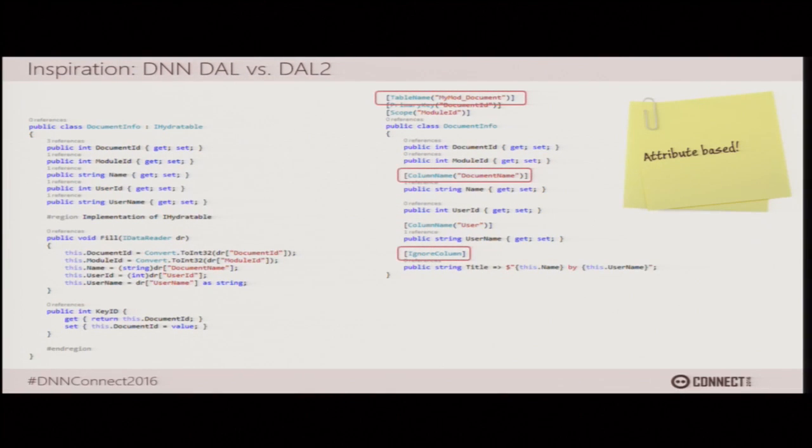There are attributes telling the system, in this case DNN, what table to map this entity to, or what column in that specific table to map this property to. And it also says here, ignore column, for the guys in the back, that this property should in fact not be persisted in the database.